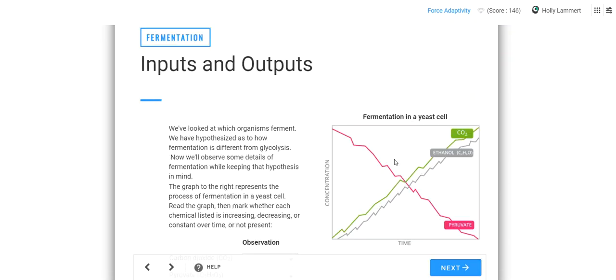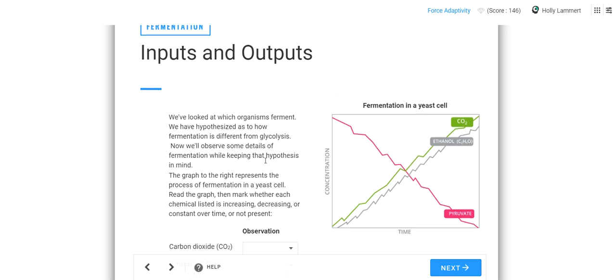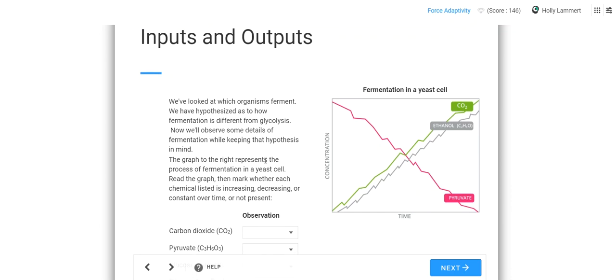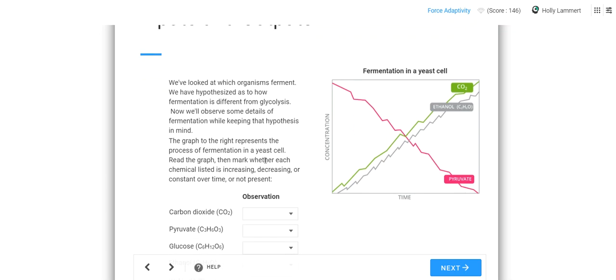Okay, inputs and outputs. Let's see if we were right. We looked at which organisms can ferment. We have hypothesized as to how fermentation is different from glycolysis. Now we'll observe some details of fermentation while keeping that hypothesis in mind. The graph to the right represents the process of fermentation in a yeast cell.